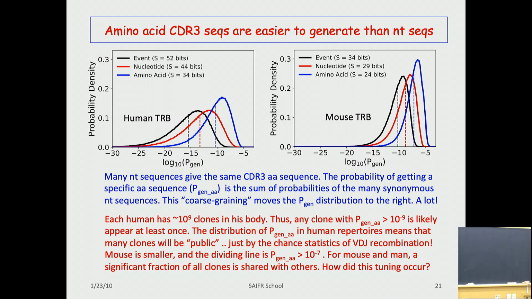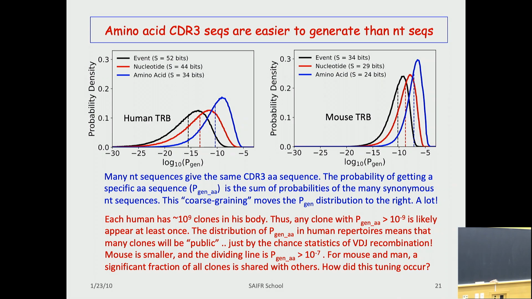So each human has something like 10 to the 9 clones in their body. In other words, we don't know exactly what this number is. We know well enough what the total number of T cells is. Let's call it 10 to the 10-ish. And we don't have a good handle on the distribution of the clone sizes.